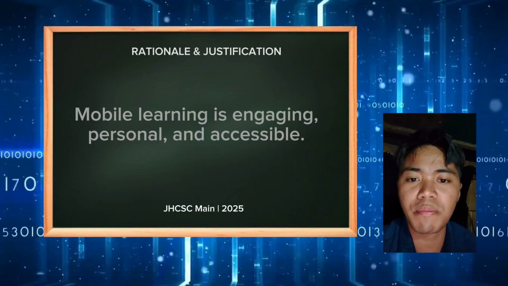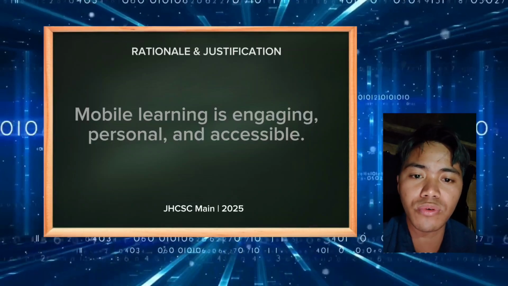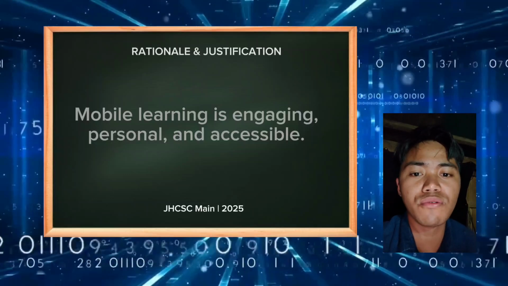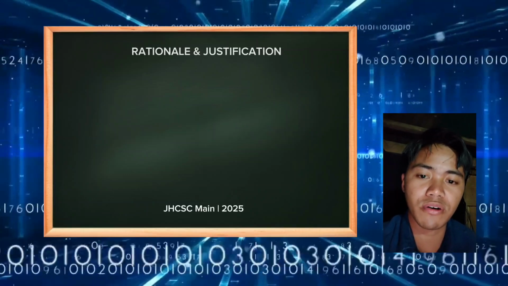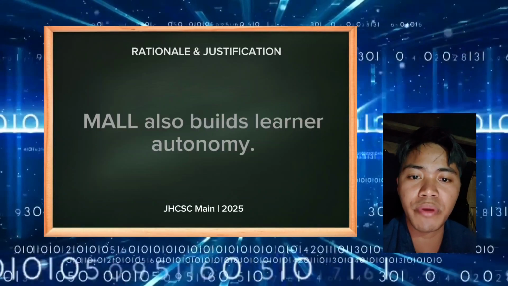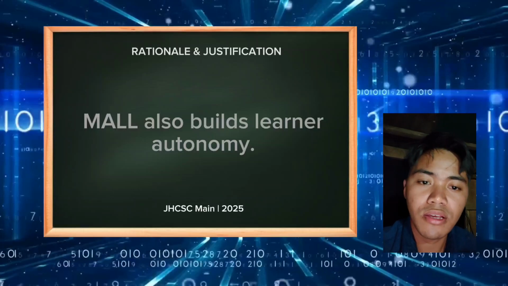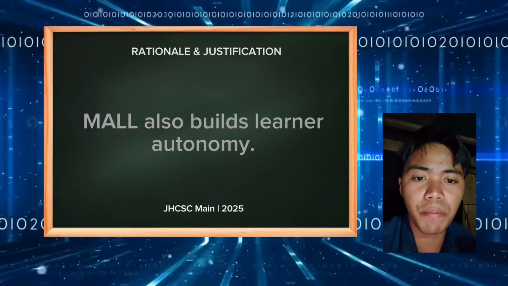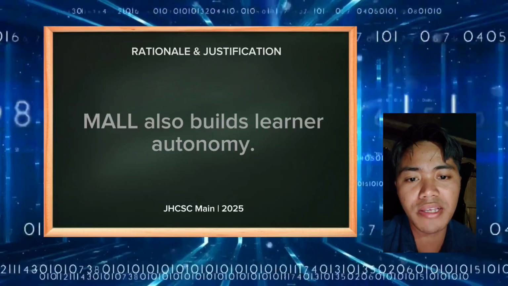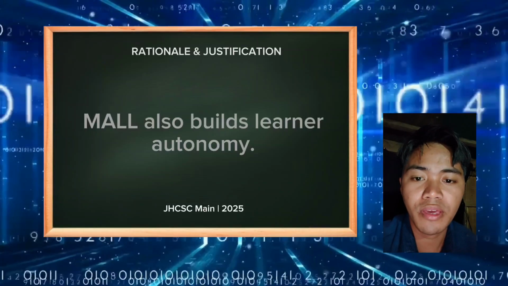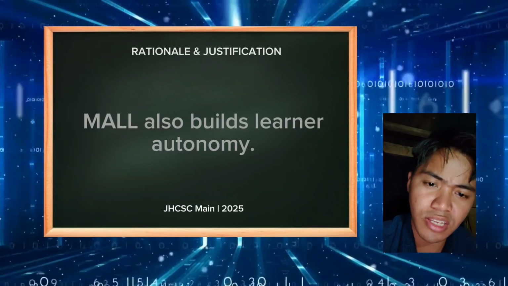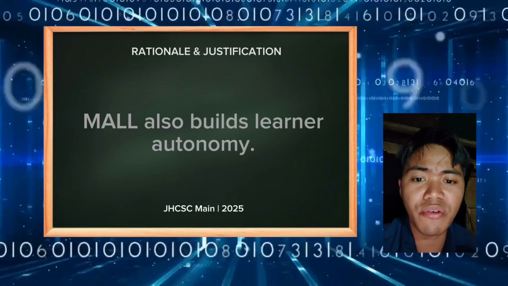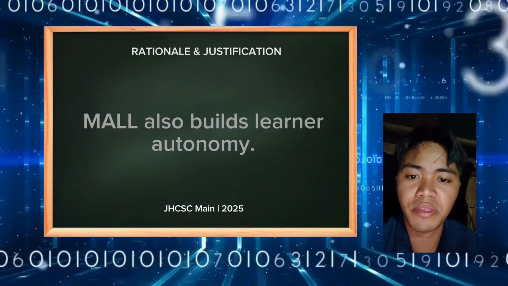It shifts learning from passive textbook drills to real communication using videos, apps, and voice recordings. MALL also builds learner autonomy. Students take control of their practice, repeat lessons, and review feedback on their own time. It fosters confidence, not just in grammar, but in real-world conversation.